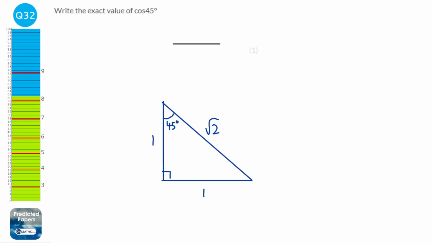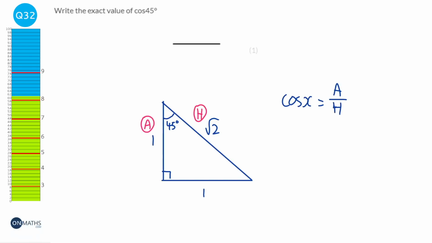When we label it with our marked angle here, we've got the adjacent is here, and the hypotenuse is here. Now we know from trigonometry that cos x equals a/h. The angle is going to be cos 45, and a is going to be 1, and h is going to be √2.